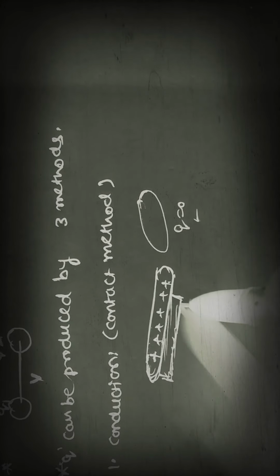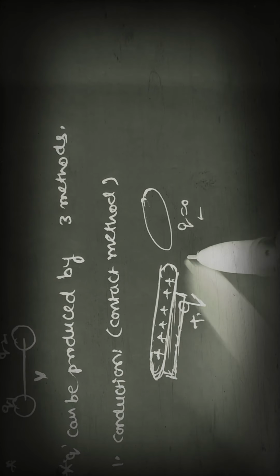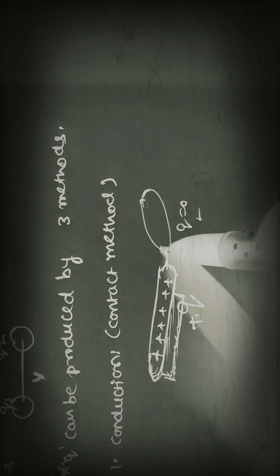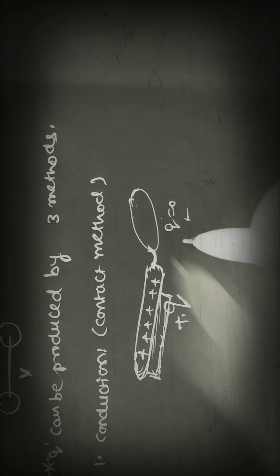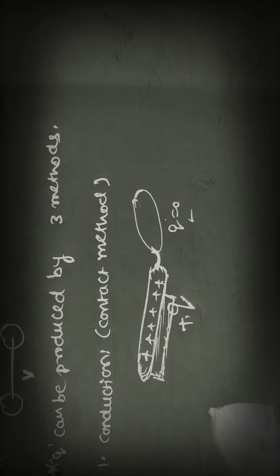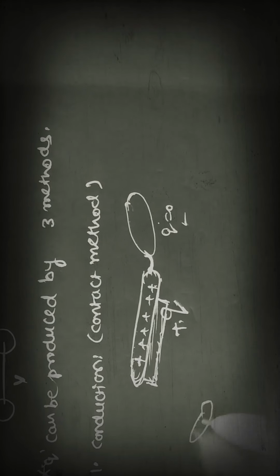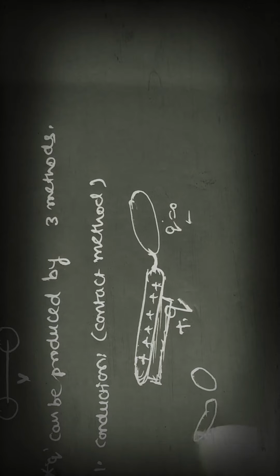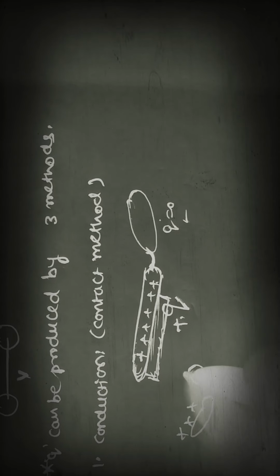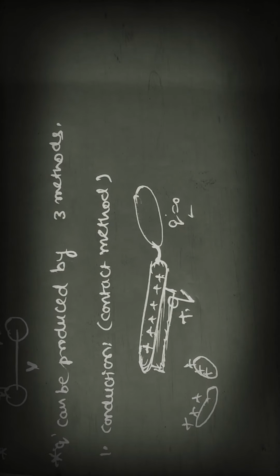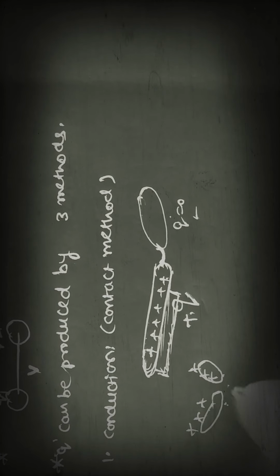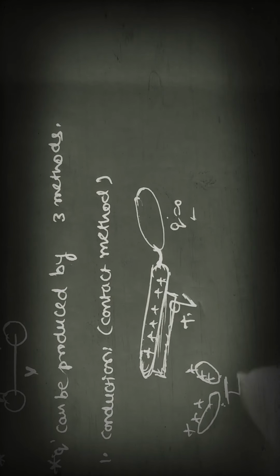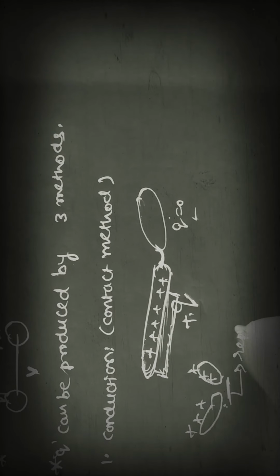Now this positively charged body is in contact with the neutral body. What happens after connection? Both the bodies will acquire positive charge. As both bodies obtain positive charge equally, between these two there exists a force of repulsion.